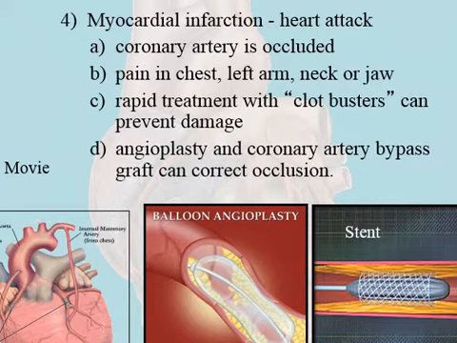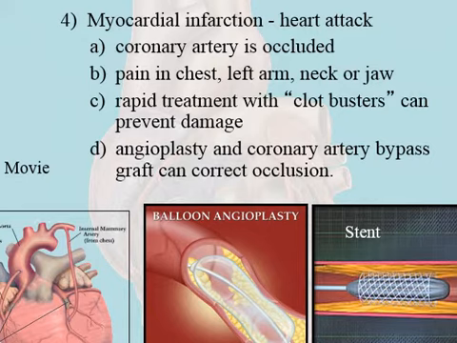If we know that the person has occlusion of the coronary artery, one of the things that they can do is an angioplasty. In angioplasty, they're going to run a catheter generally up through the femoral artery, but sometimes they can also do it above the heart. First they're going to do an angiogram.